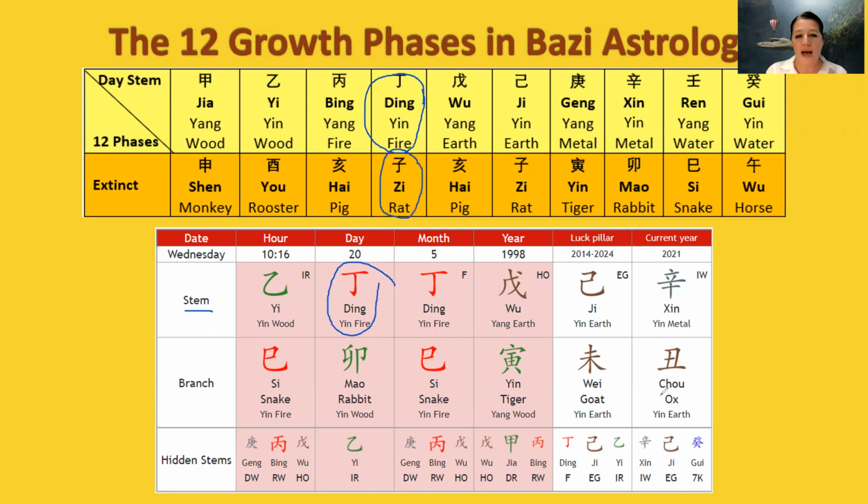Now, if you do have an extinct phase in your chart, check where it is. Is it in the year, the month, the day, or the hour? Because that makes a big difference in the interpretation. If it happens to be in the year, then this usually indicates a person who leaves the family at some point in their lives.